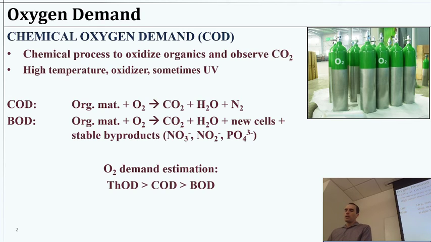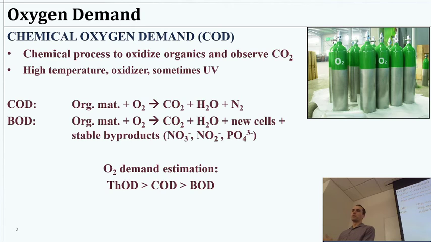Okay, for the reactions, COD, like we just saw with the glucose example, essentially we're going to be doing a combustion reaction, finding the combustion byproducts. For BOD, we're going to be taking organic matter.